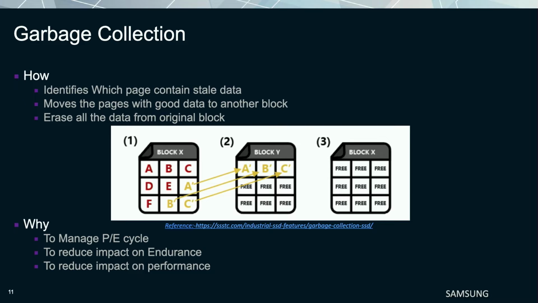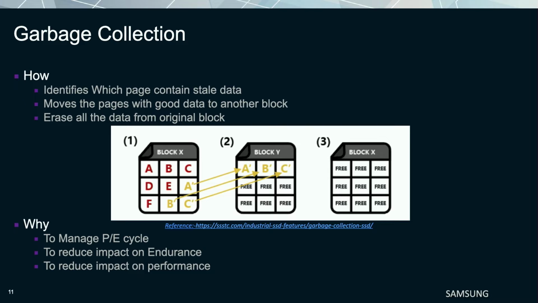GC is a very common feature of SSDs, or if you talk about the memory storage domain, but it has great impact if you see here. So first impact will be on PE cycle, okay? As you know, every SSD or flash comes with some lifetime, which is measured by the program erase cycle.